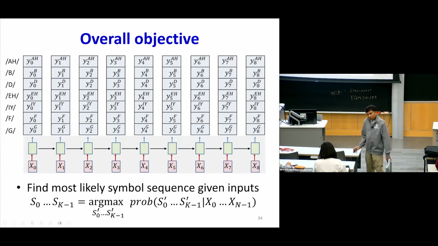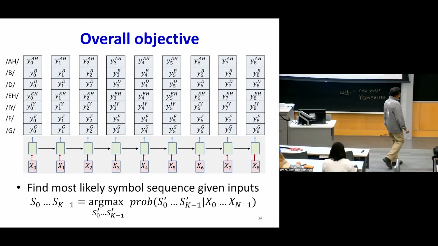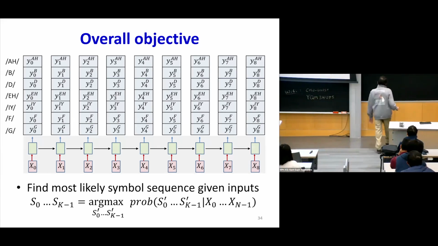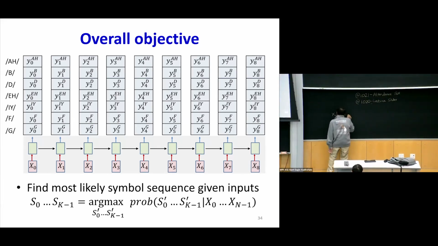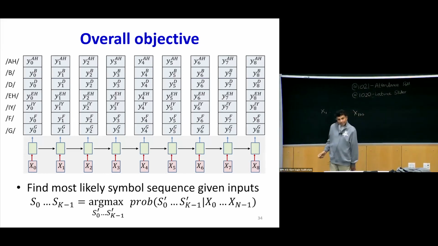Now, remember, the problem that we are actually trying to solve is a little complicated. And what is that? I'm given a sequence of inputs, which could be, say, x1 through x100, or x0 through x100, depending on how you index it.